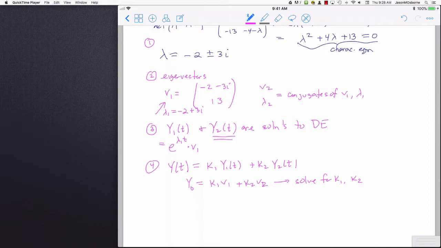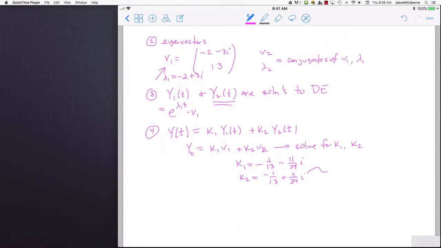If you proceed down that route, you get that k1 is equal to negative 1 over 13 minus 11 over 39i, and k2 is equal to negative 1 over 13 plus 11 over 39i.